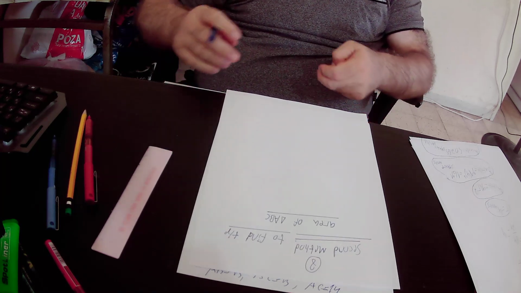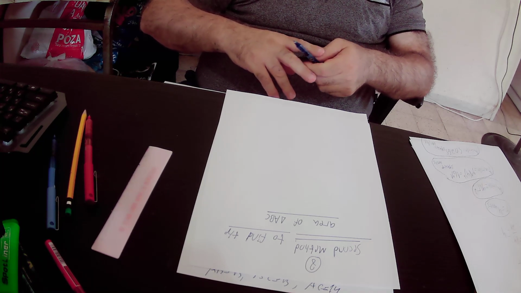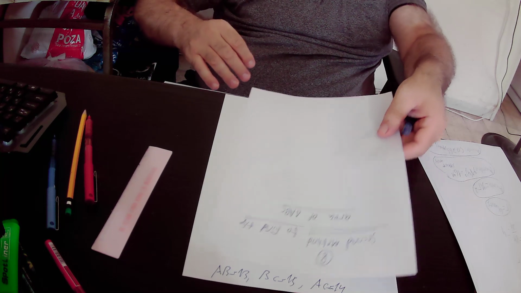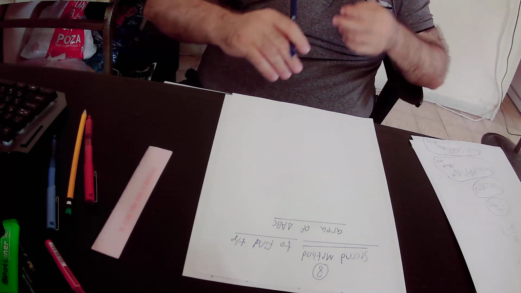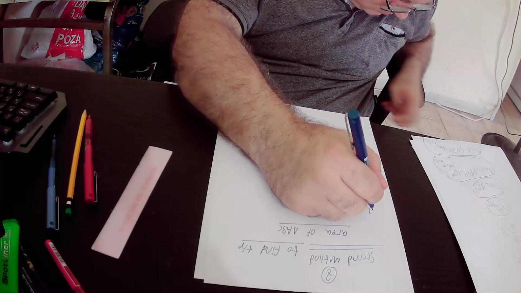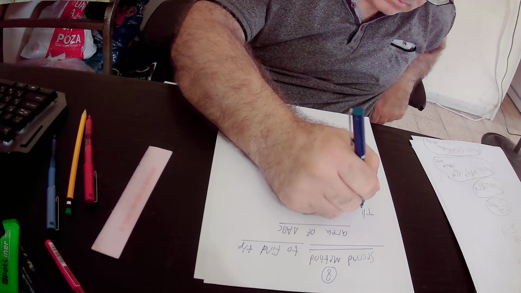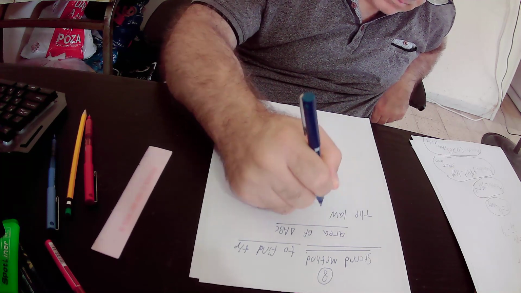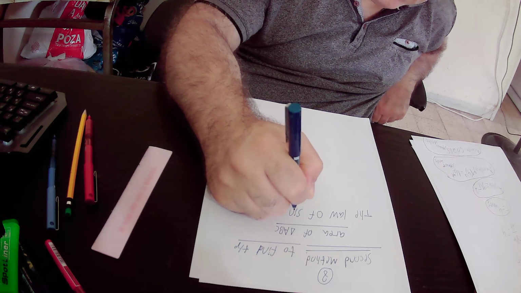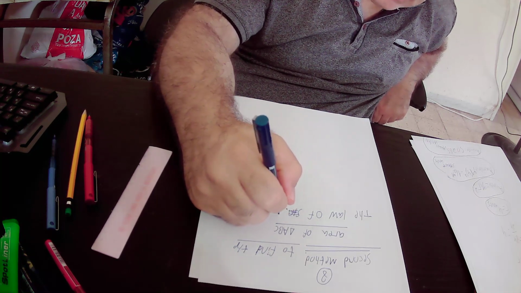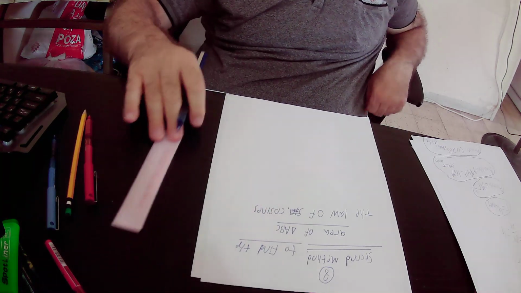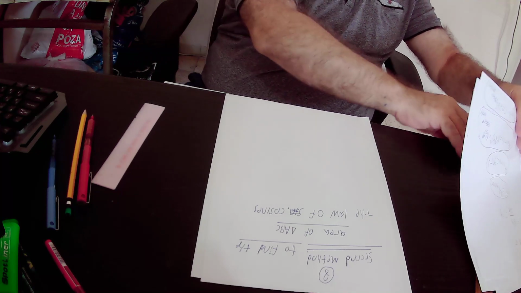Actually, we will use the law of cosines in order to find the area of this triangle ABC.